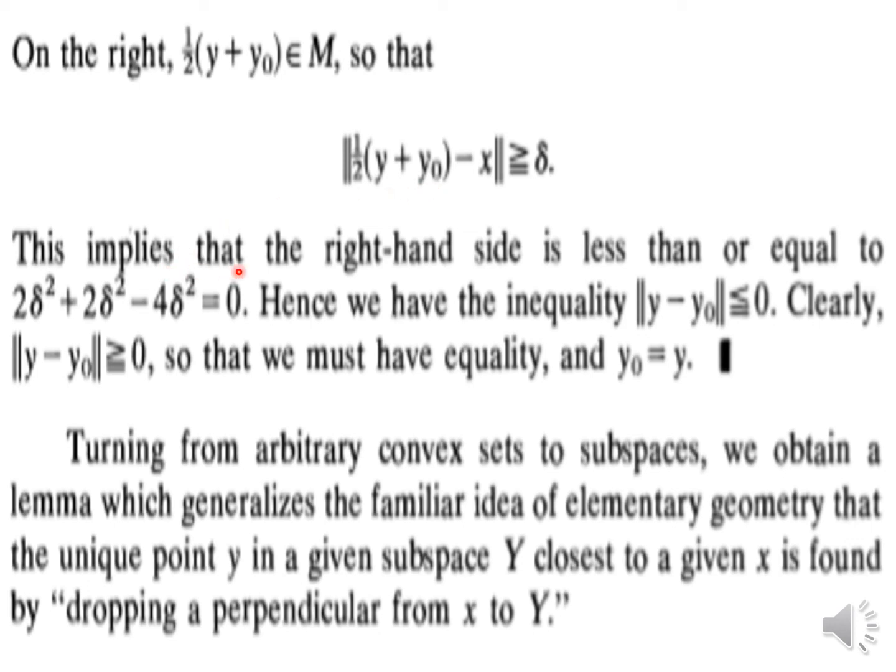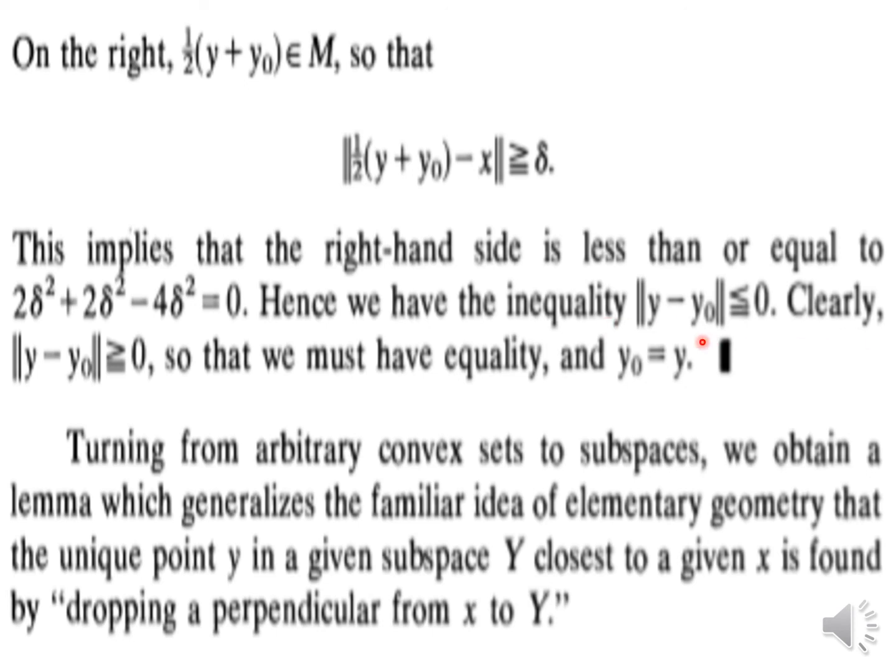This implies that the right-hand side is less than or equal to 2 delta squared plus 2 delta squared minus 4 delta squared, which is equal to 0. Hence we have the inequality that the norm of y minus y naught is less than or equal to 0.